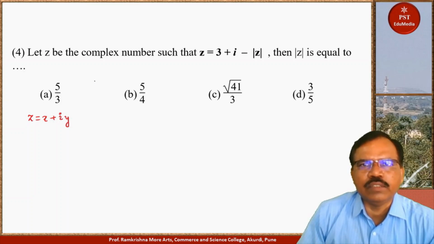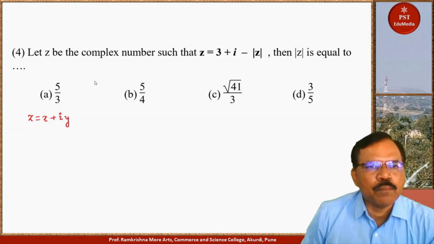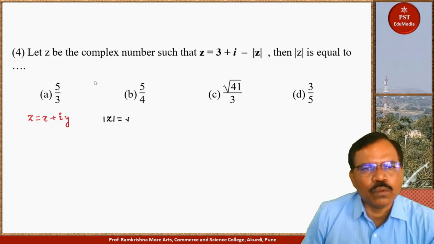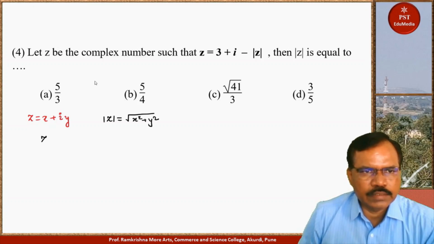Okay, z = x + iy. Now modulus of z is equal to root of x squared plus y squared. We know this.